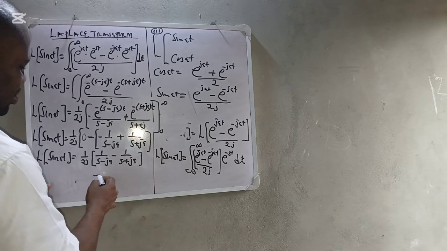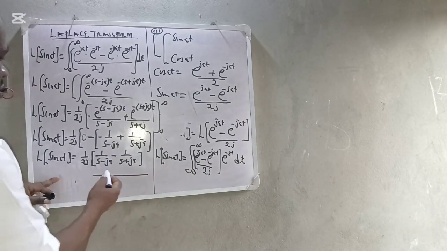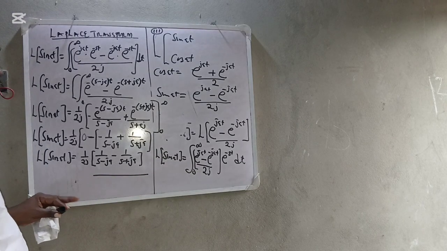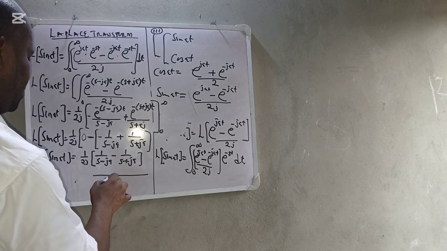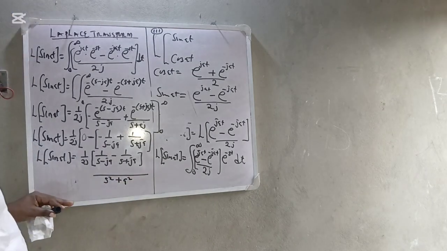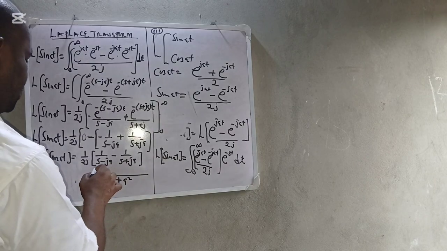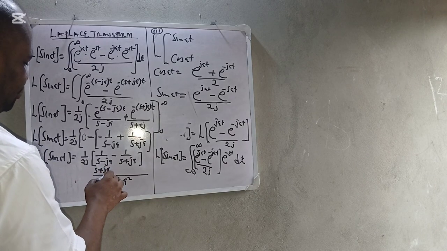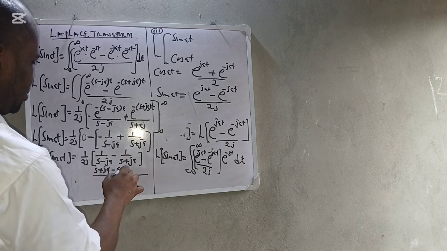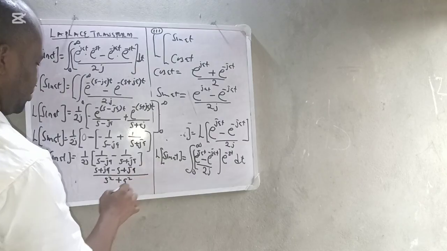So carry out the LCM, and this time this will actually give us this squared plus this, and this will give us s, and this will give us minus s plus js.